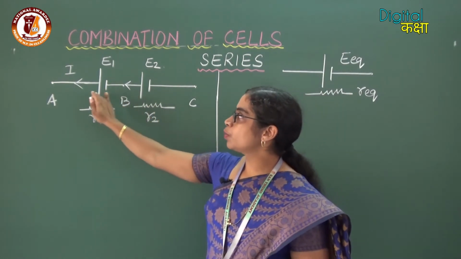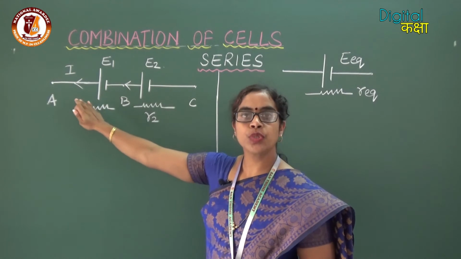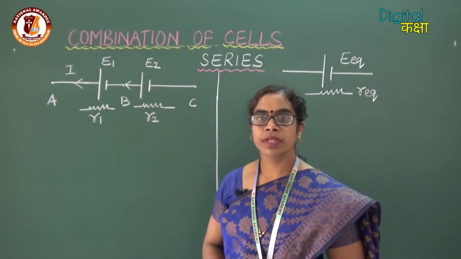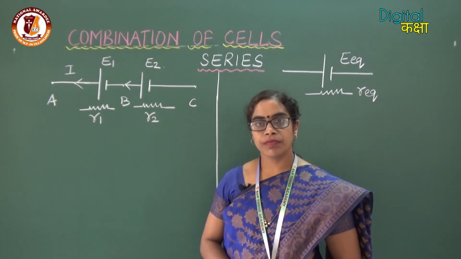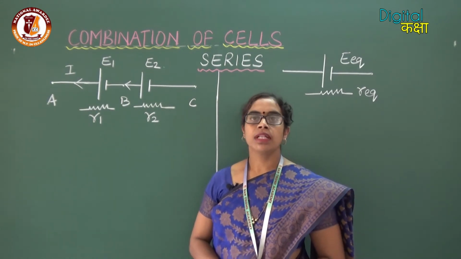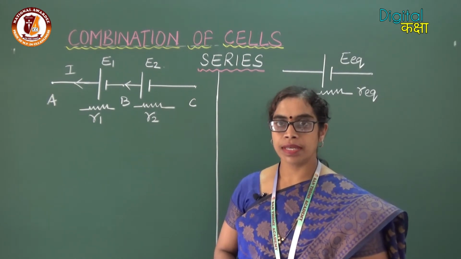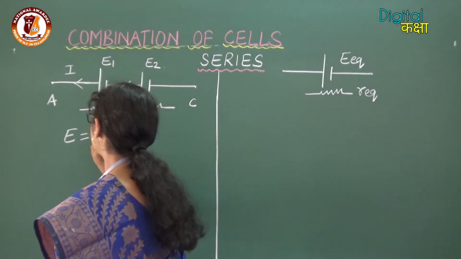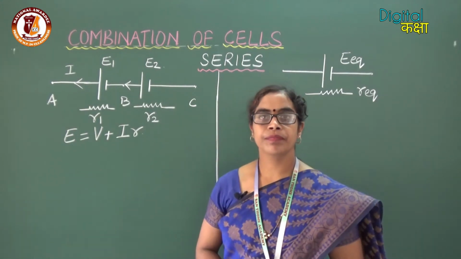The current due to the series combination of the cells is the same, as shown in the circuit, and is denoted by I. In order to derive the formula, let us start with the relationship between the EMF, current and potential difference of the cell, which we have already derived: E is equal to V plus IR.